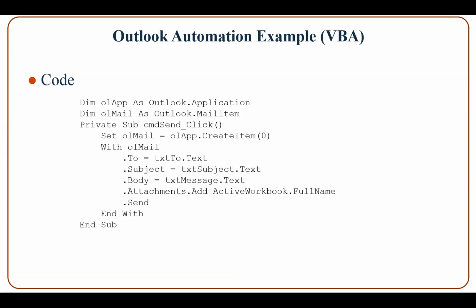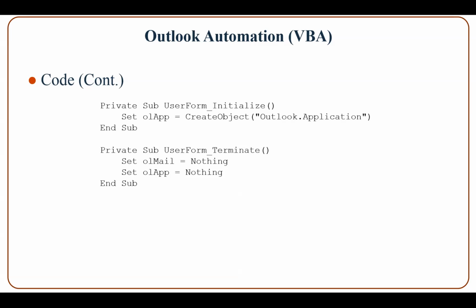In the code, in order to create a new mail, you call the CreateItem method, and then assign the properties of the mail object to the email address, the subject, the body, and finally call the Send method to send the mail. The Outlook instance was created in the Initialize event of the form.